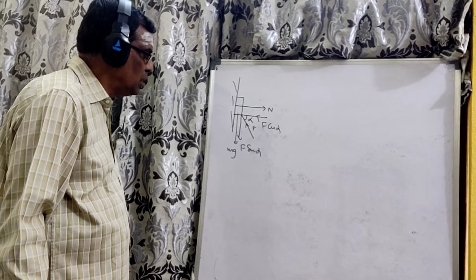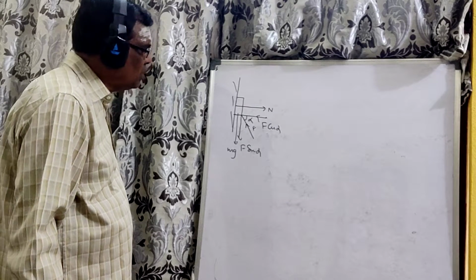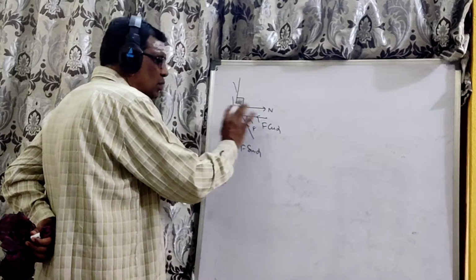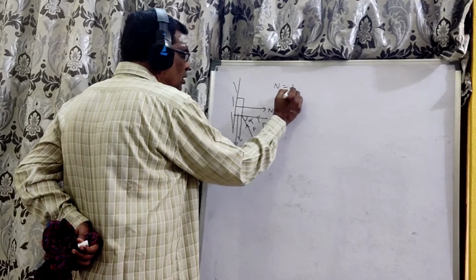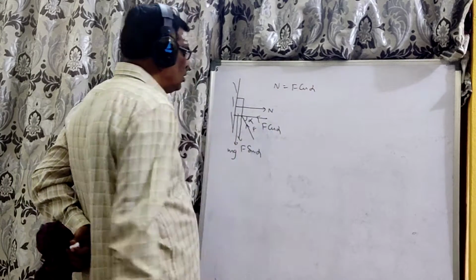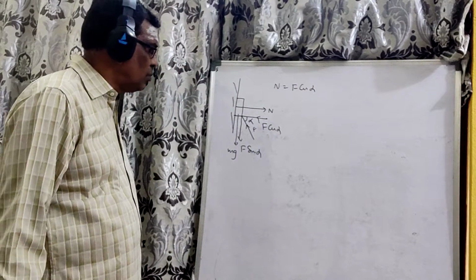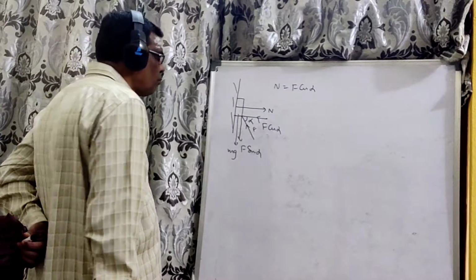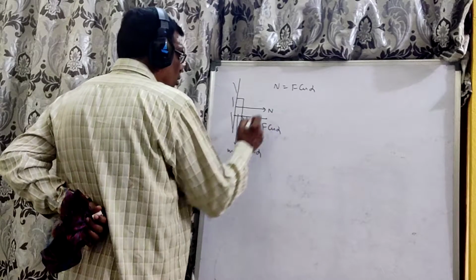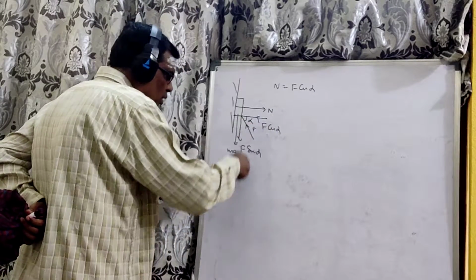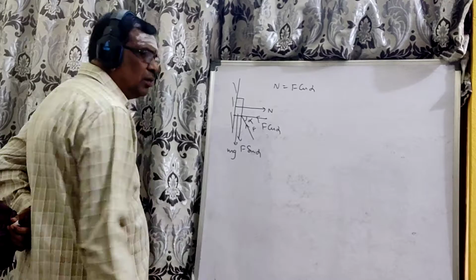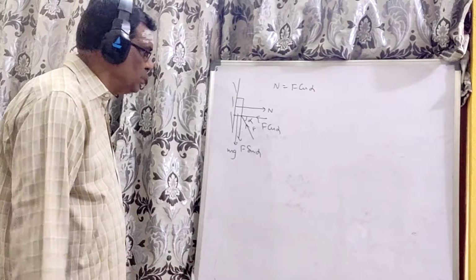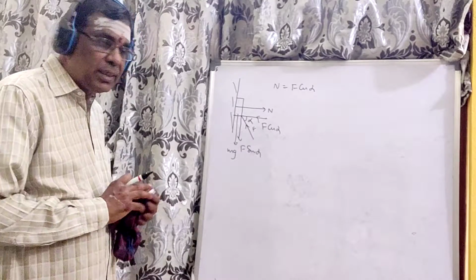Got the point? Now, what is normal force here? N, it's not moving. N is equal to F cos alpha. You got the point? And here, of course, g plus F sin alpha will have an acceleration. I'm not going into that at this stage. I hope this point is clear to you.